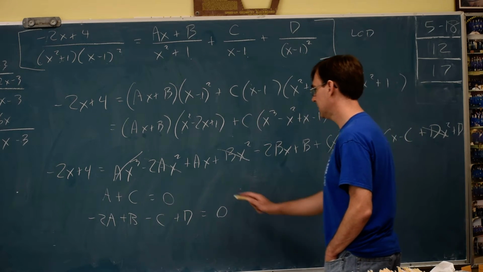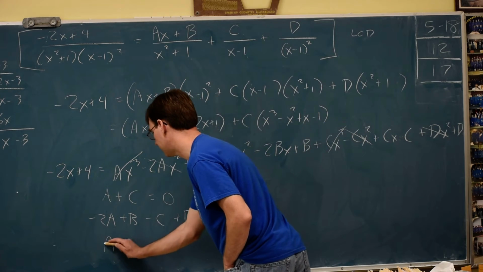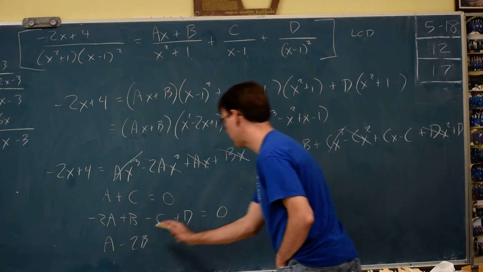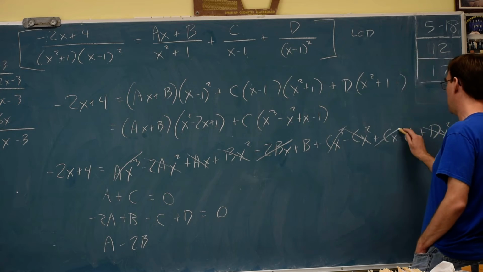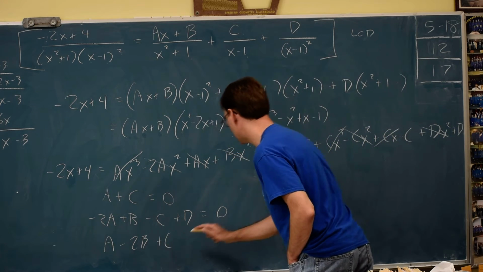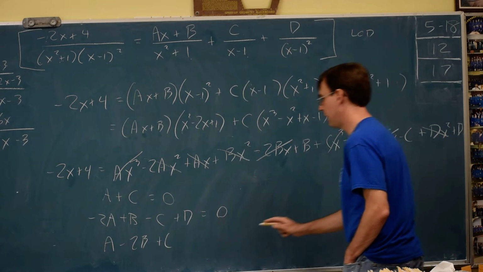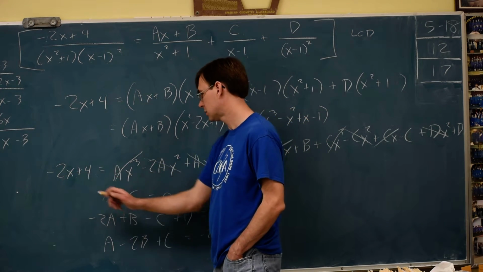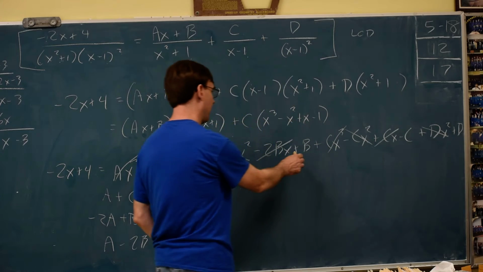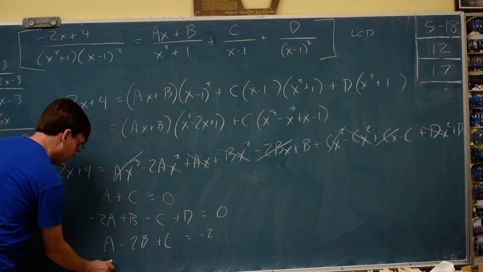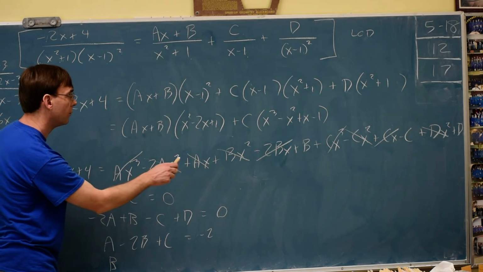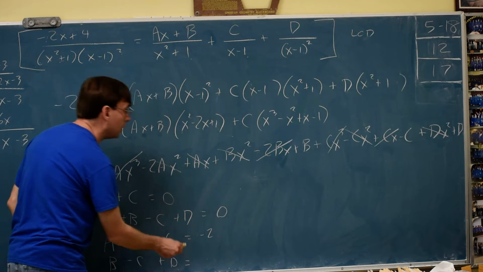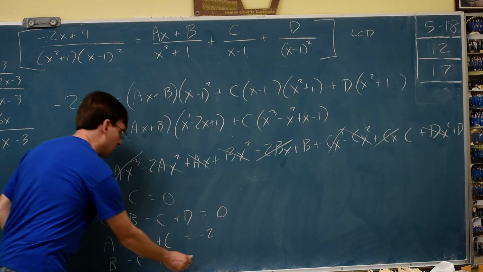For the x's, there's an a minus a 2b plus a c, and that would equal a negative 2 because we did finally have some x's. And then for the thing without any variables, there's a b minus a c plus a d, and that would equal 4.